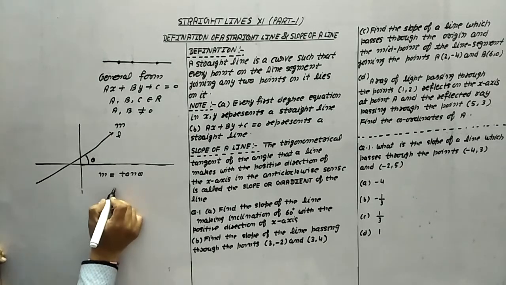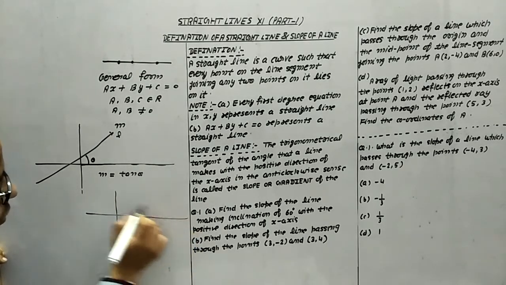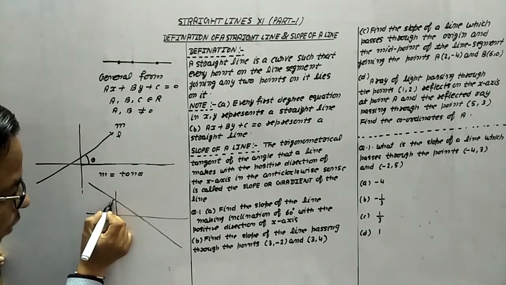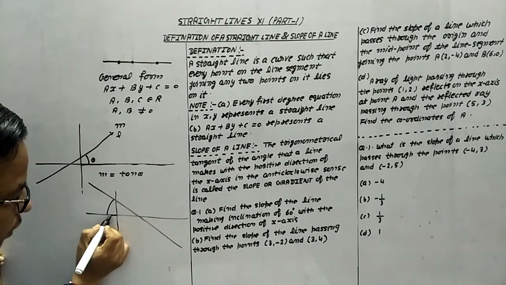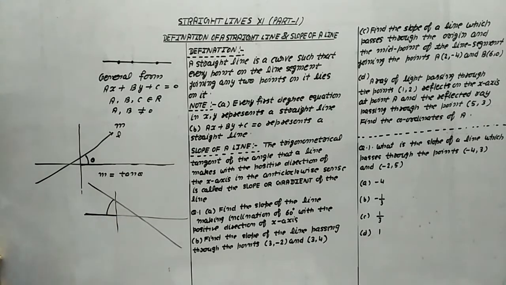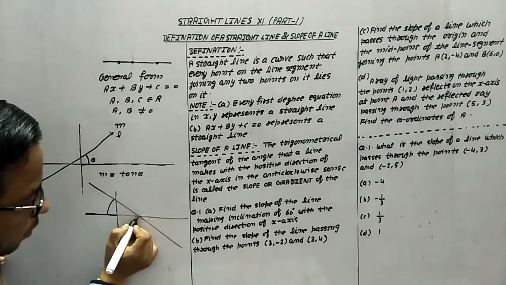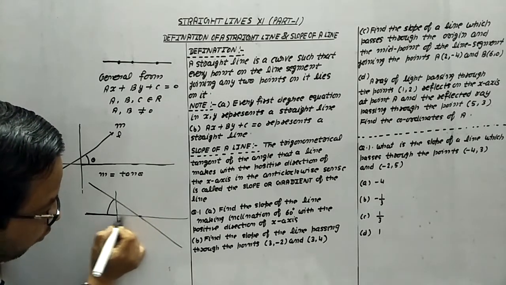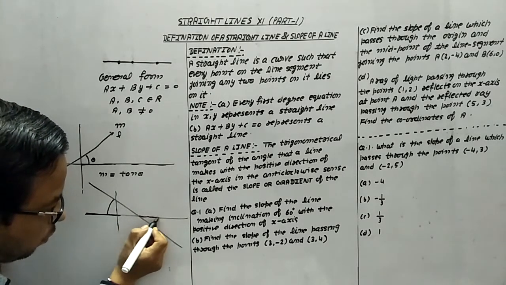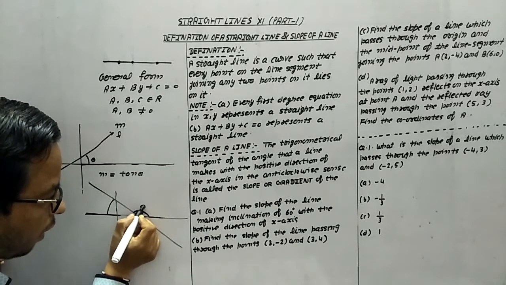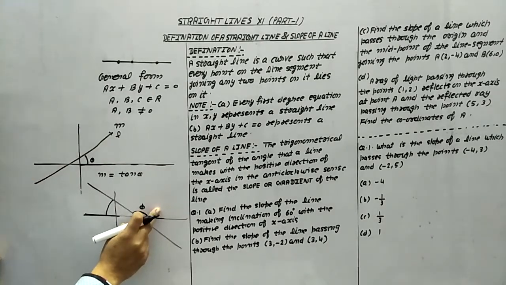On the other hand, suppose I take this line, then there are two angles, one is this, but this angle is with the negative direction of the x-axis. For the slope of a line, we take the positive direction from the origin. So this angle, phi, will form the slope of the line.